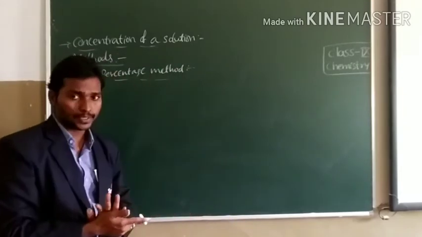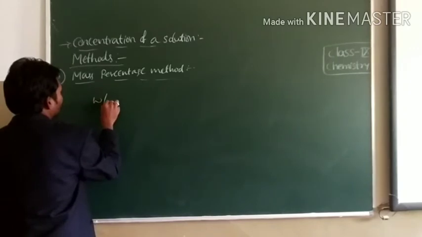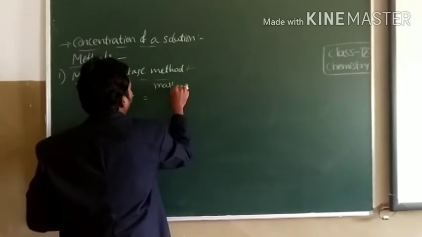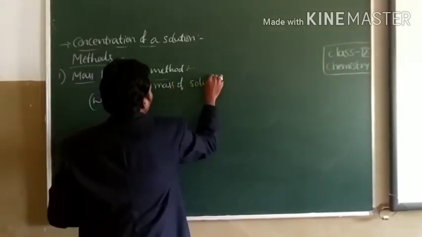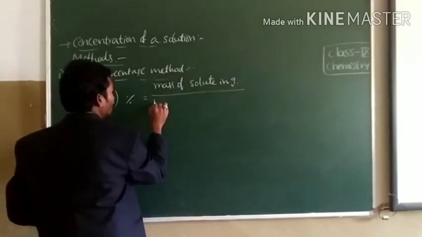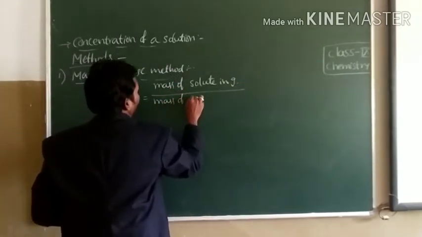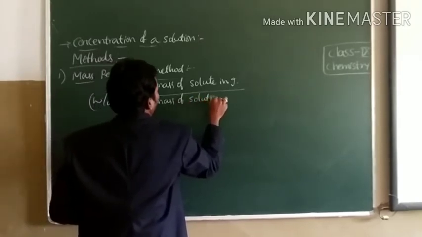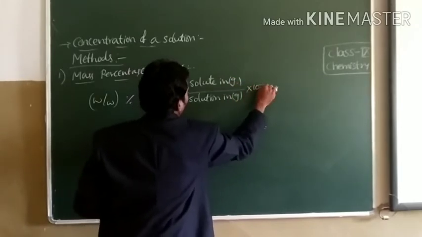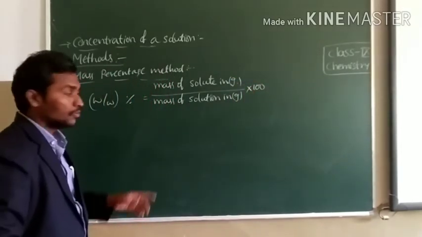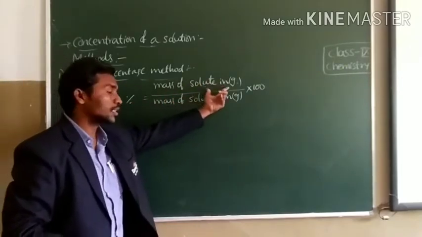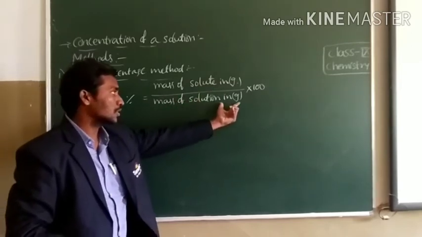The formula of the mass percentage method, or weight percentage method, is mass of the solute in grams by mass of the solution in grams, into 100.